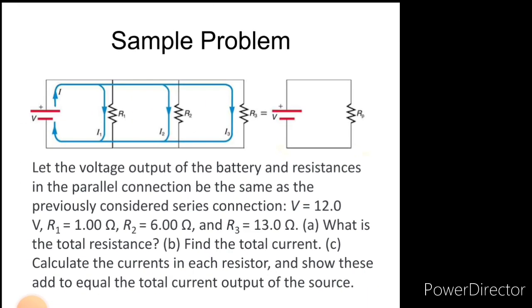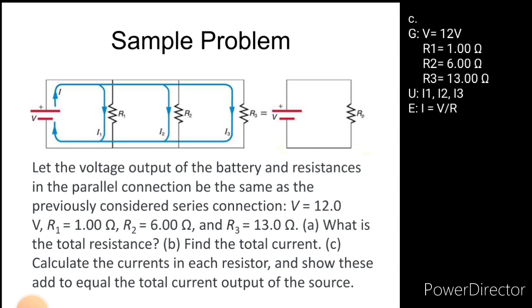Okay, next. Letter C. Calculate the currents in each resistor and show this add to equal the total current output of the source. Okay, so ang gagawin natin, in order to get the current of each one, we're going to use the formula I is equal to V over R. Yung R natin, gagamitin natin yung resistance ng bawat resistors instead of the R equivalent.